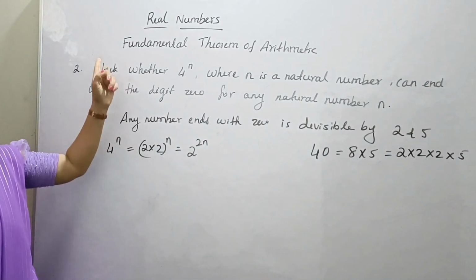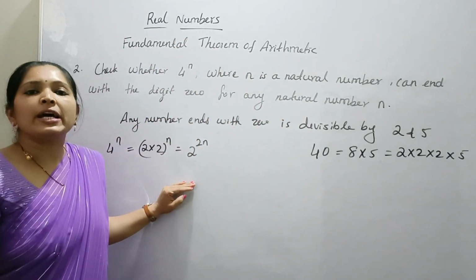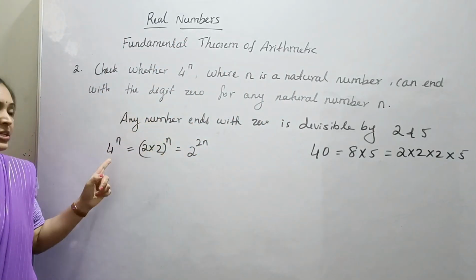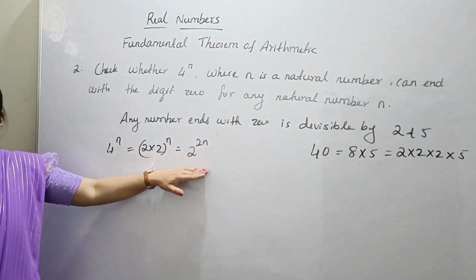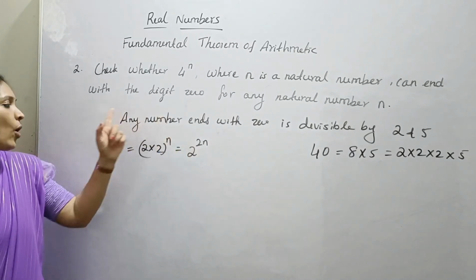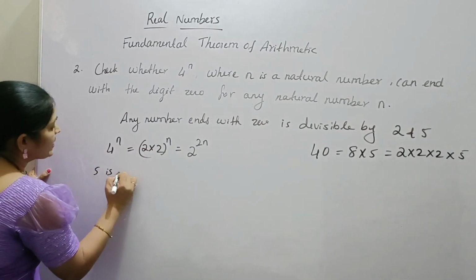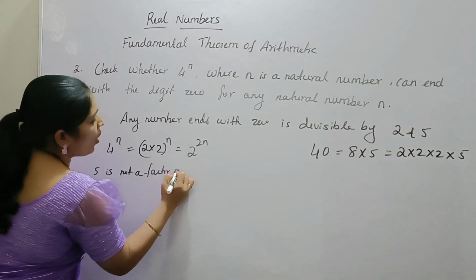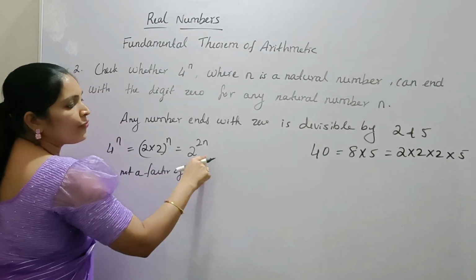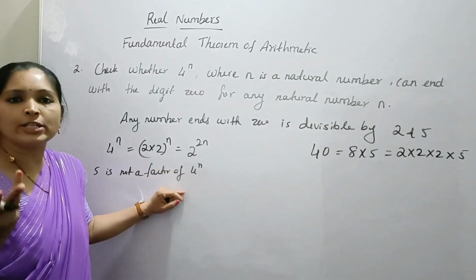So according to the fundamental theorem of arithmetic, there is no other prime factor in the factorization of 4 raised to n. That is, 5 is not a prime factor of 4 raised to n, right? There is no 5 here, right? Therefore, 5 is not a factor of 4 raised to n.